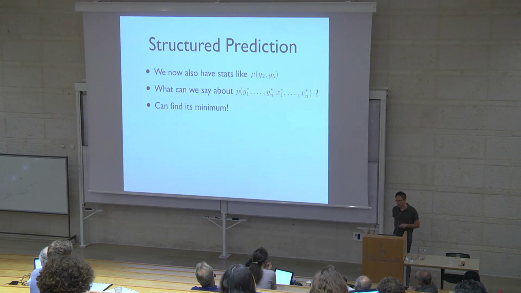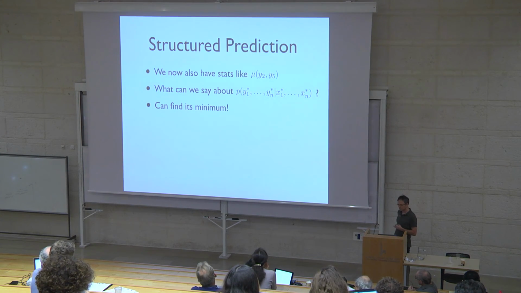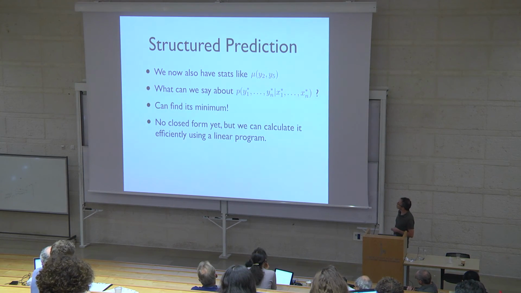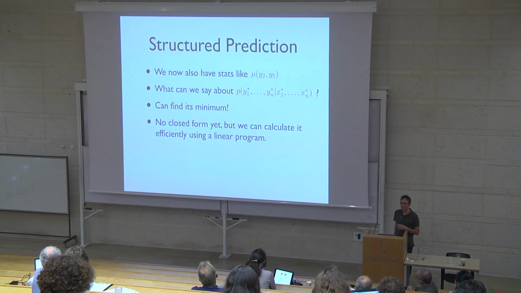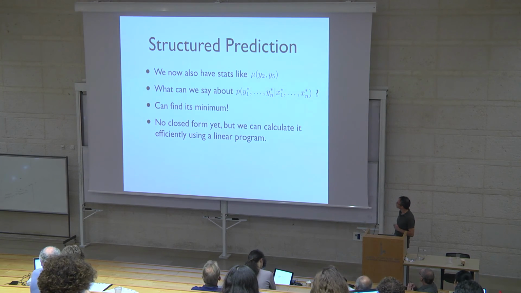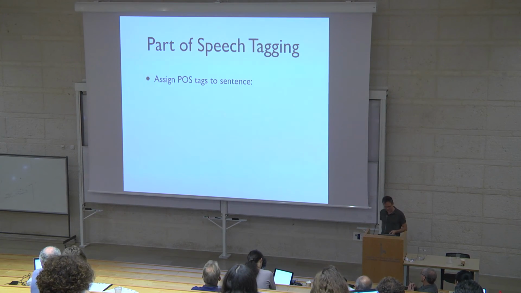The good news is that we can find this minimum efficiently. We can write a linear program that does that. But we're very close to a closed form, and it actually looks more interesting than the single label case. It involves some flow, max flow type problem. We're very close to proving that, but we're not there yet.